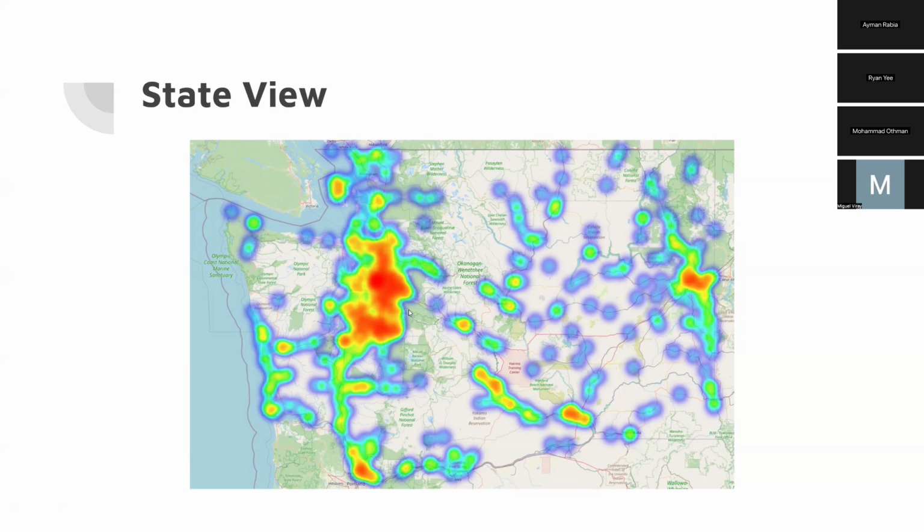We had to do a little bit more pre-processing for this, where we had to separate the latitude and longitude values in order to input them into the library. For the purpose of this presentation, we're just going to show screenshots, with more zoomed in screenshots on the following slides.